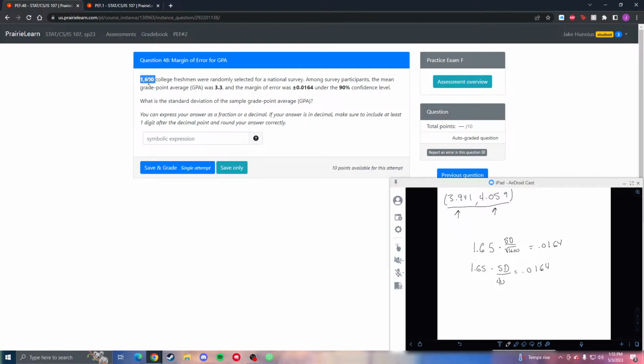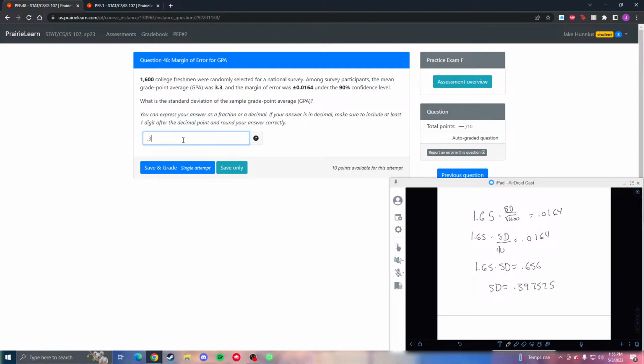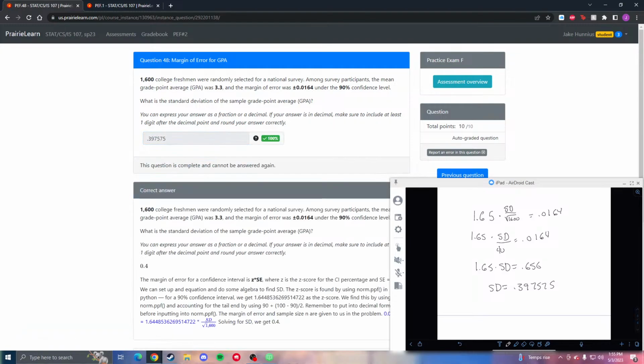So let's multiply the 0.0164 times our 40 to get 1.65 times the standard deviation is equal to 0.656, and then divide that by 1.65. That gives us standard deviation is equal to 0.397575. So that's how we go ahead and do that question.